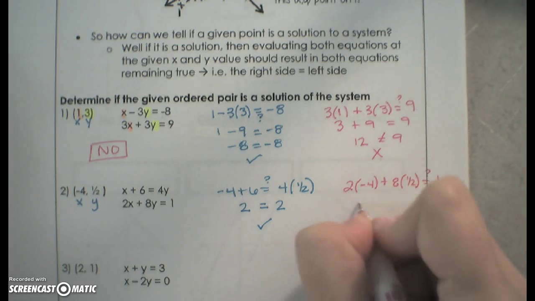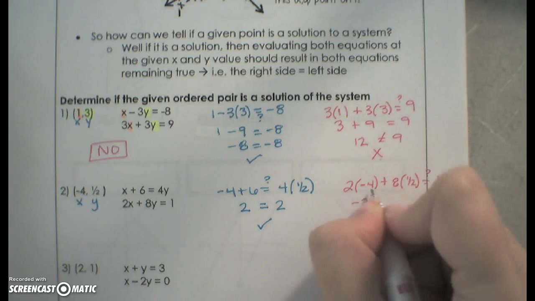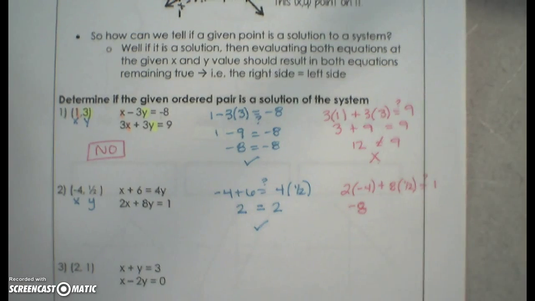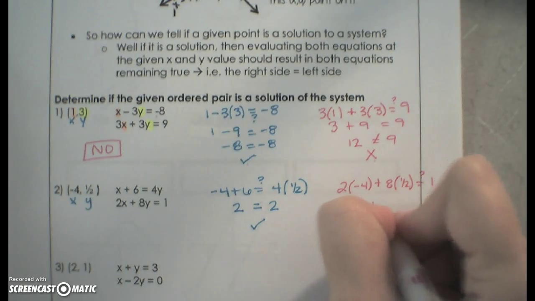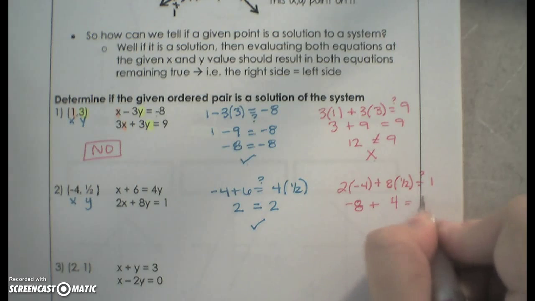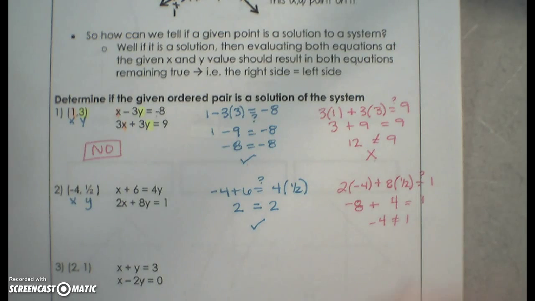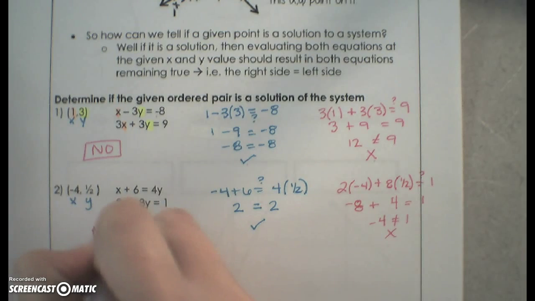Well, half of 4, that would be negative 2. 2 times 4, my bad. That would be negative 8. I'm already getting ahead of myself. Half of 8 would be 4. Does that equal 1? No. Negative 4 does not equal 1. So this one, again, is a no.